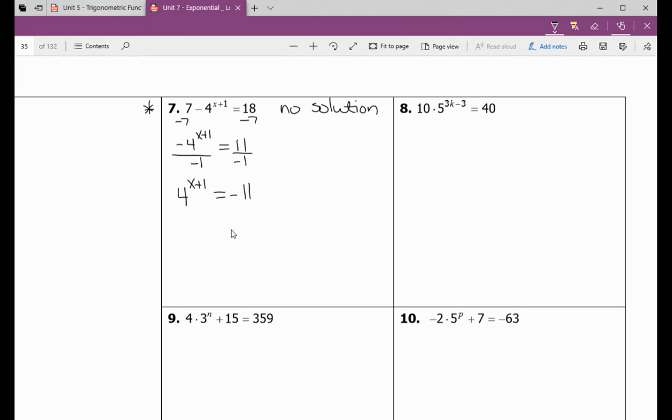So we've done all that kind of stuff before. We've got to isolate the base and the exponent. So now you're ready to take the logarithm of both sides. We're going to take that exponent, move it out in front.